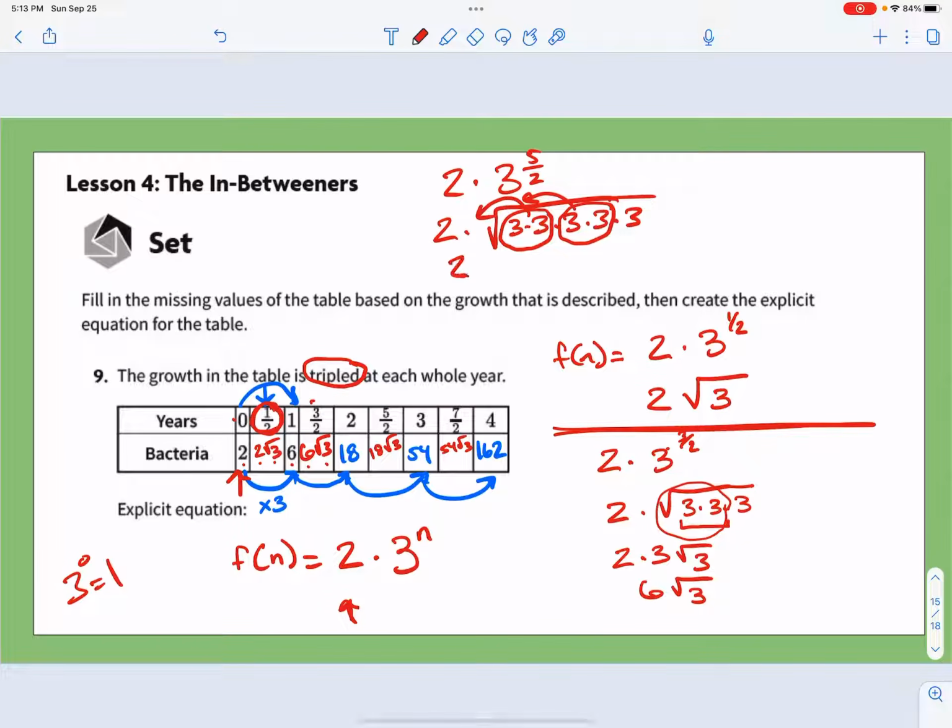So I can say 2 times one group of 3, another group of 3, with one square root of 3 left. 2 times 3 is 6, 6 times 3 is 18, and that becomes 18 root 3, which is what you can see right there, right? So just showing how that actually worked. Okay, that's a great little problem there, showing the in-between values.